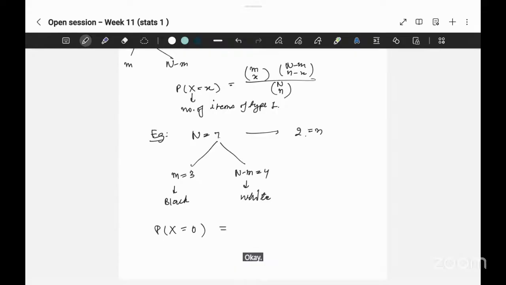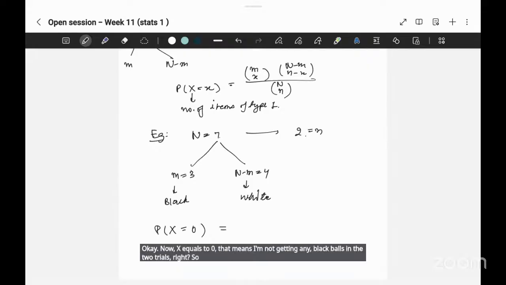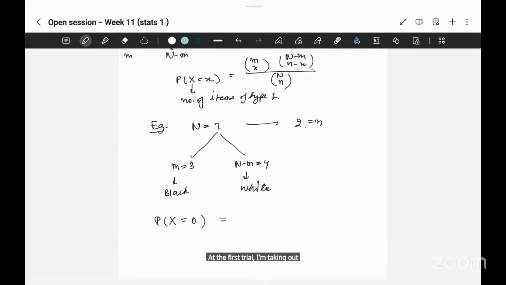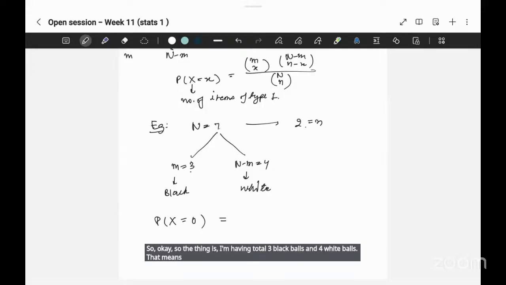Now x equals 0 means I'm not getting any black balls in the 2 trials, right? So I'm having a total of 3 black balls and 4 white balls. That means I'm not choosing any black ball from the 3 black balls.